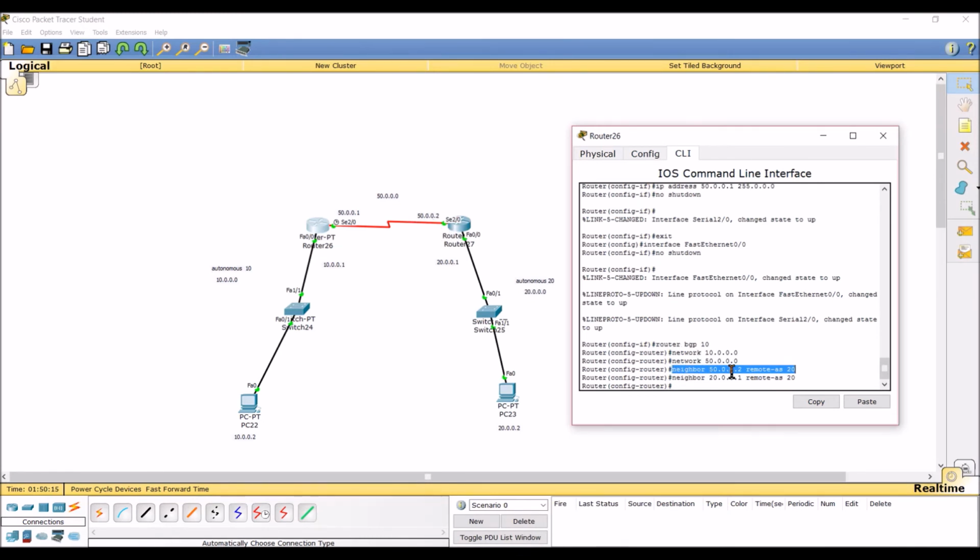So neighbor 50.0.0.2 and the autonomous system is 20, so remote-as 20. The next one, neighbor 20.0.0.1 remote-as 20, is for this router: the neighbor is this router, the IP of this FastEthernet is 20.0.0.1, and remote-as 20 means autonomous system 20. Okay, so the configuration for this router is done.